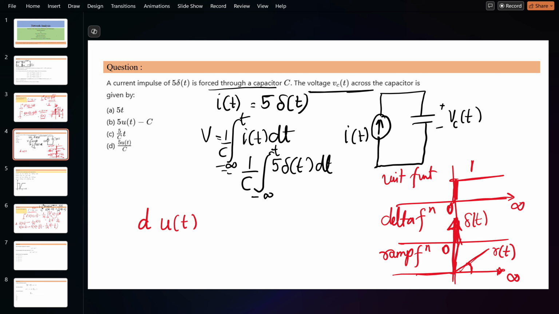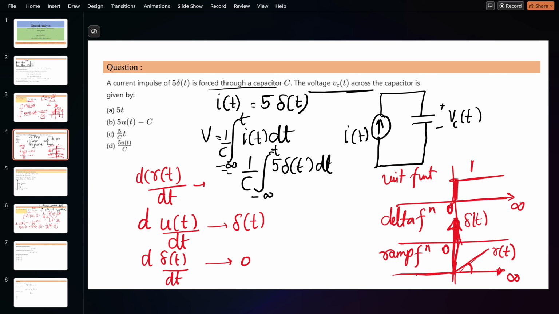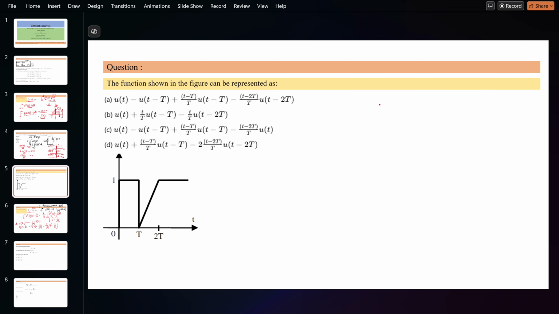Okay, so when you differentiate d/dt of u(t), it will become the delta function. When you differentiate delta, it will become 0. And when you differentiate the ramp function by dt, it will become u(t). So the hierarchy looks something like this.